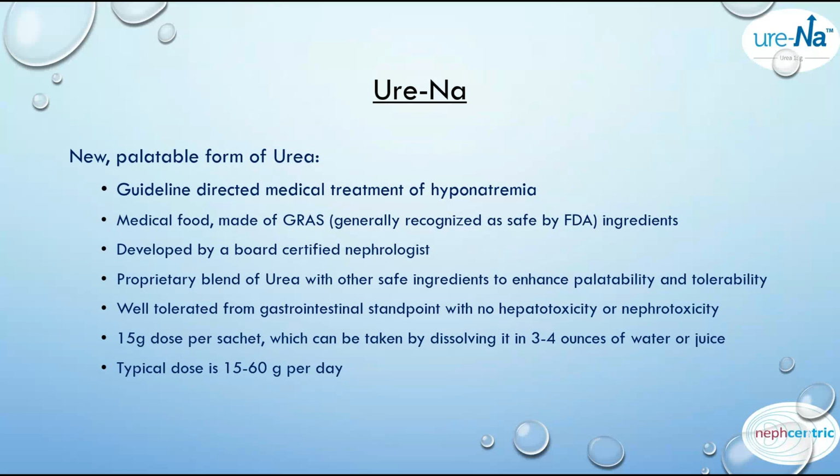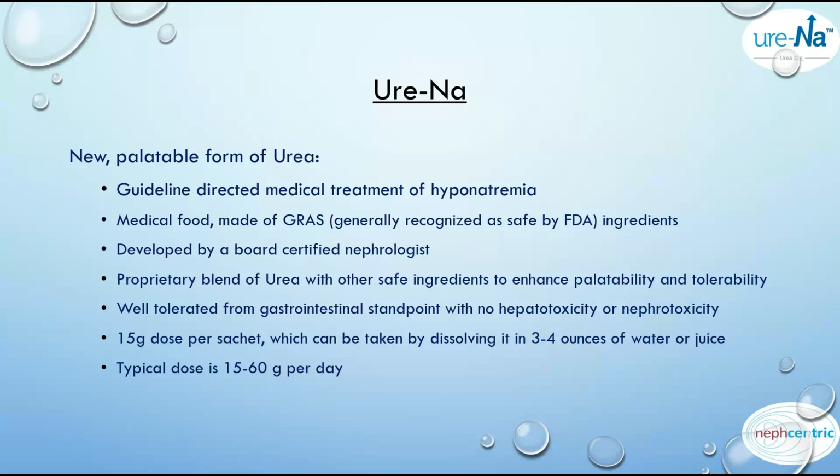In the next slide, we are discussing the new product, and it's called Urina. Urina is the new palatable form of urea. The guideline-directed medical treatment of hyponatremia, as depicted and discussed earlier, is telling us that urea in a good palatable form may have an impact in hyponatremia by correcting it with safety.